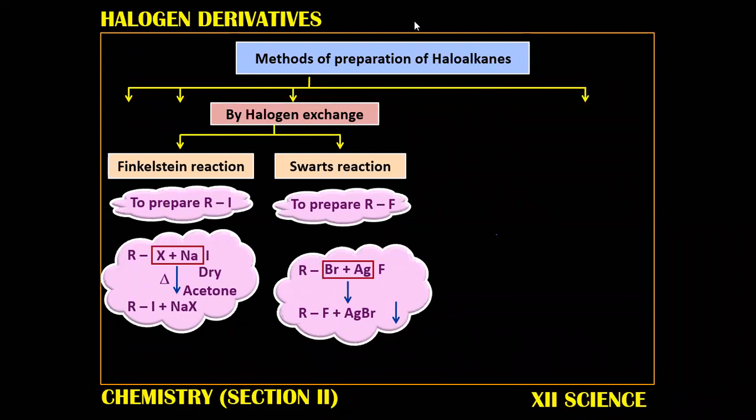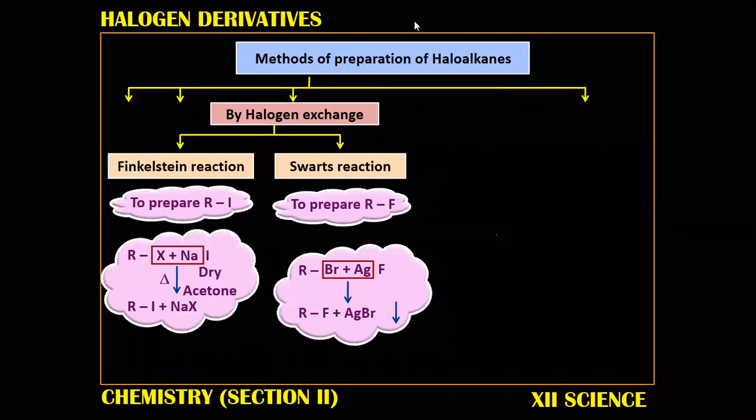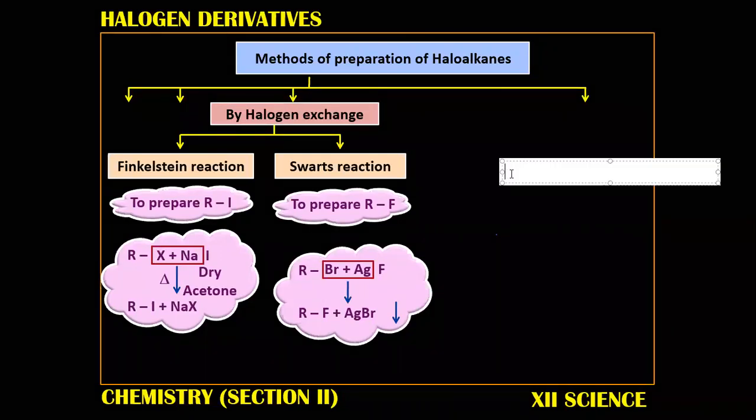Write one example for Swarts also. Methyl bromide reacts with silver fluoride, will get methyl fluoride and silver bromide.